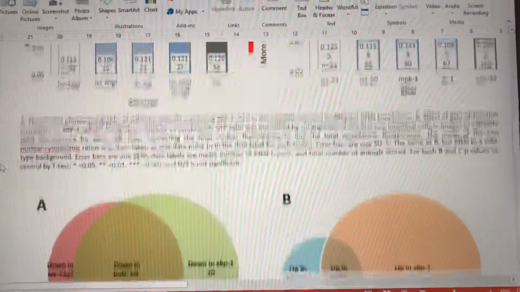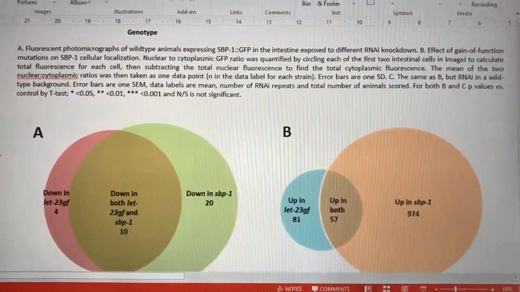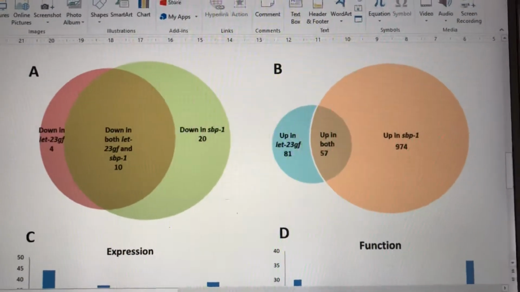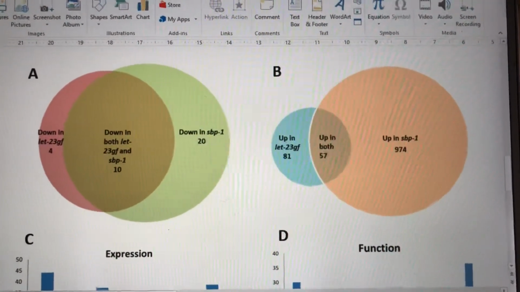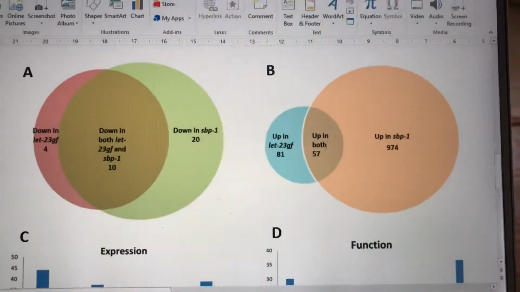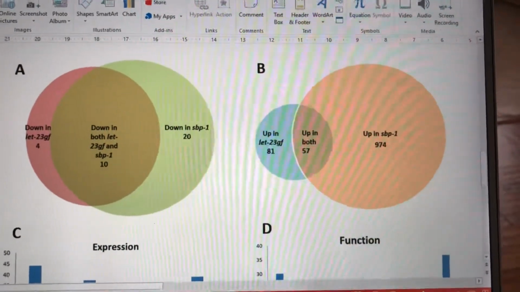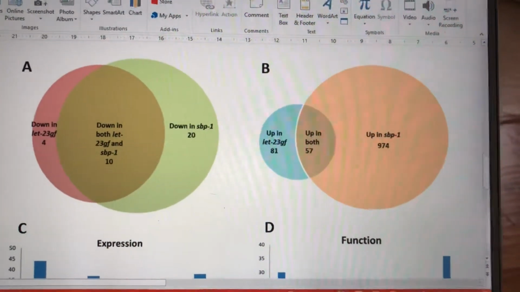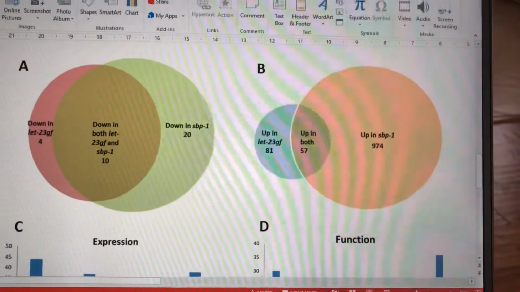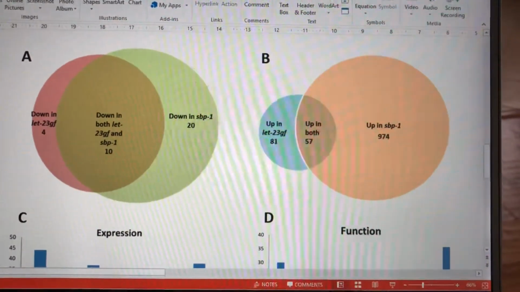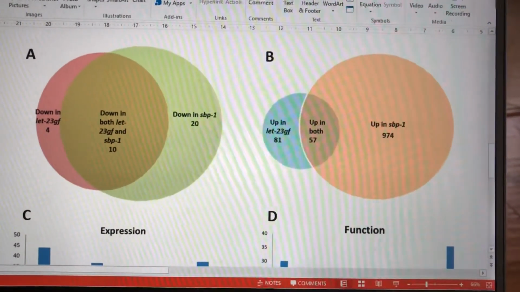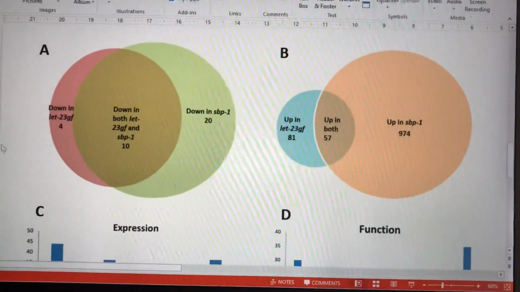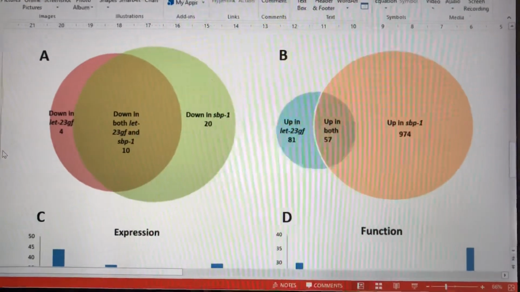So the next thing that we did was a transcriptomic experiment, which was essentially to compare differentially expressed genes in LET-23 gain of function mutants with those in SBP1 loss of function mutants, right? So theory goes, if LET-23 is acting on lipid synthesis via SBP1, then at least at some level they should look pretty much the same in terms of their transcriptional profiles, right?